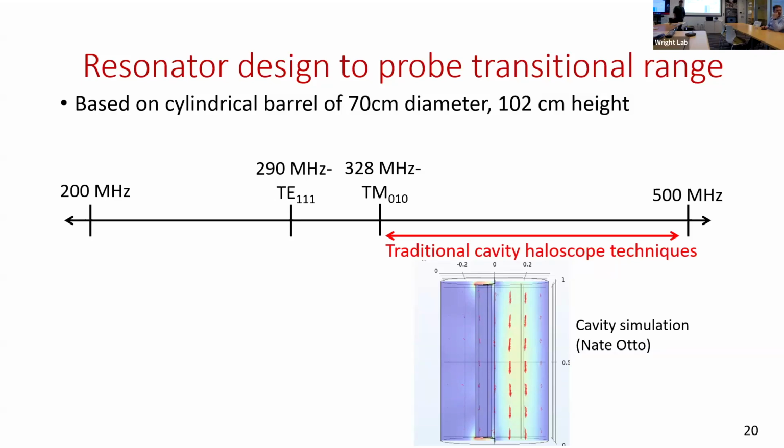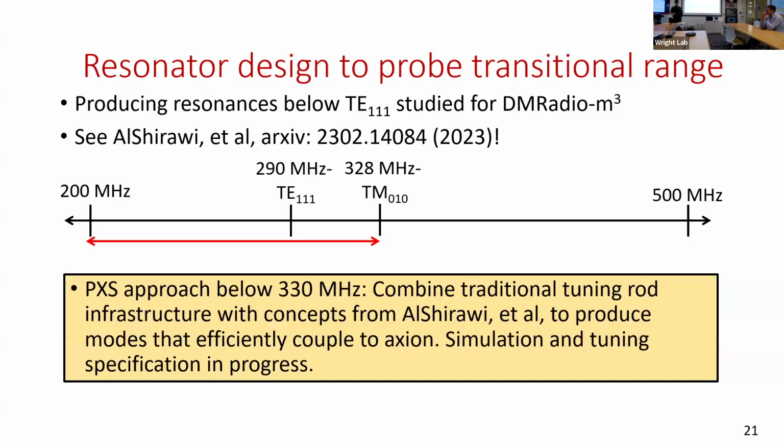How one optimally goes between them is to essentially maximize the form factor, maximize the amount of energy that you're coupling from the axion's electromagnetic excitation. And how one goes from this cavity picture to the lumped element picture continuously and optimizes at each frequency is an open question. And that's really what we're trying to answer.